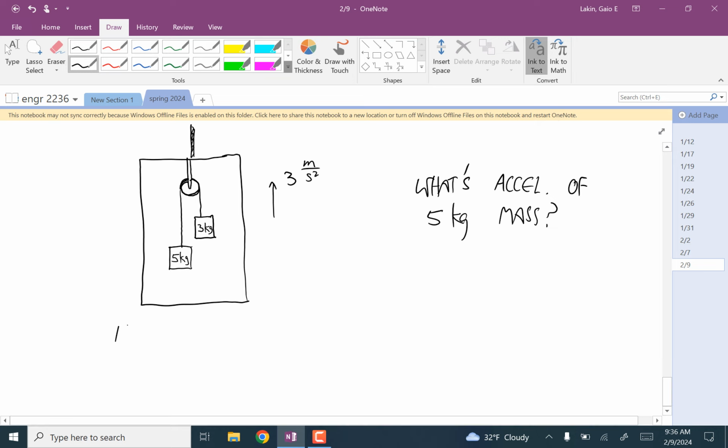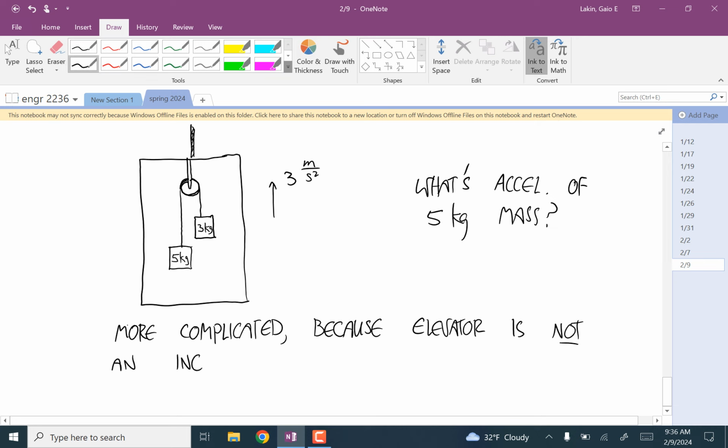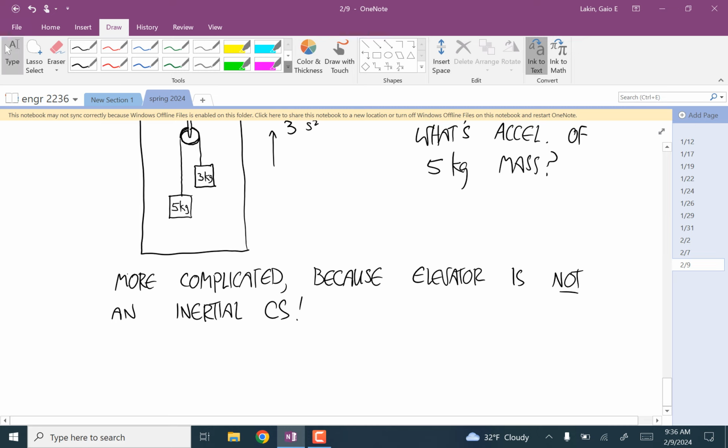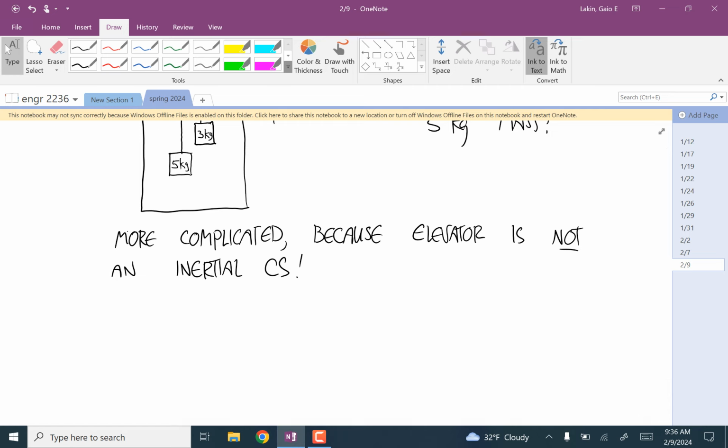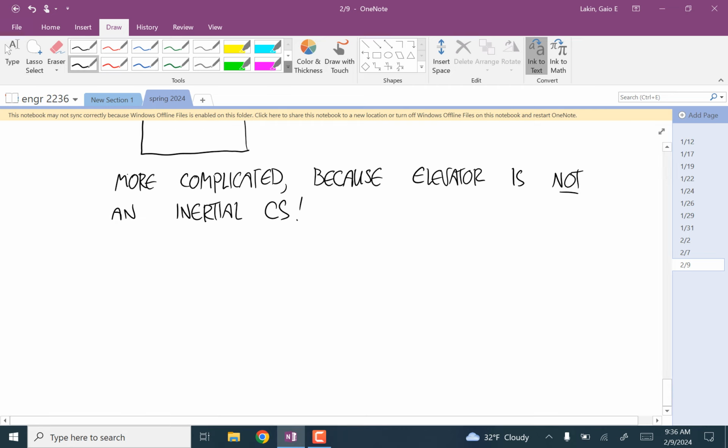So this is more complicated now, because the elevator is not an inertial coordinate system. Let's start with the free body diagrams.